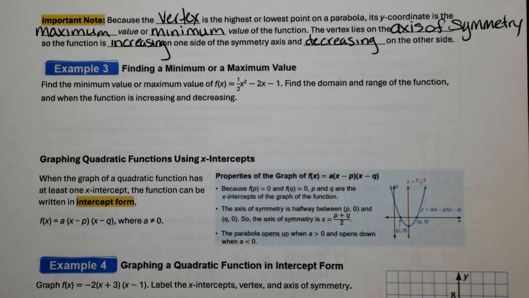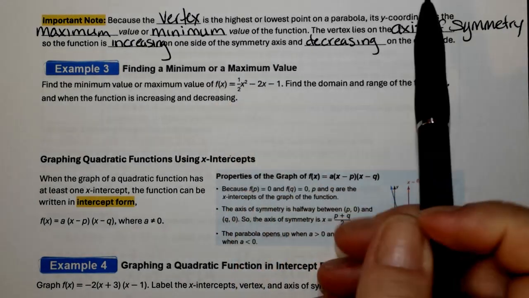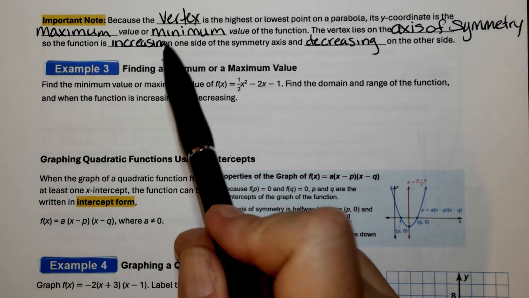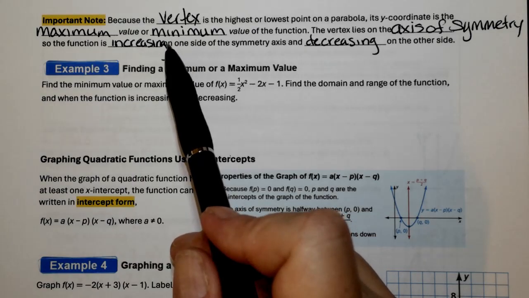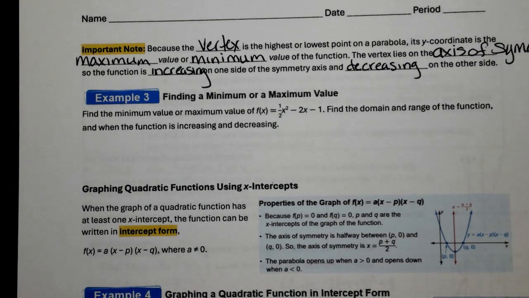All right, so something I want to note as well. We just talked about the vertex, its y-coordinate is your maximum or minimum value. This same value will also help you with your range. All right, so I want you to make a note on your paper that the maximum and minimum relates to your range.